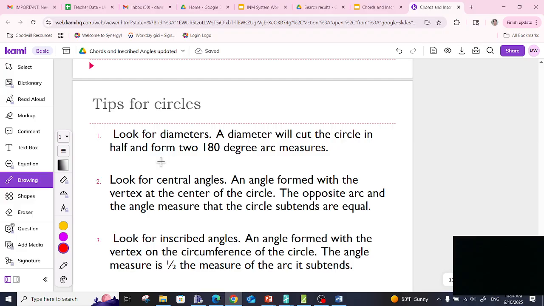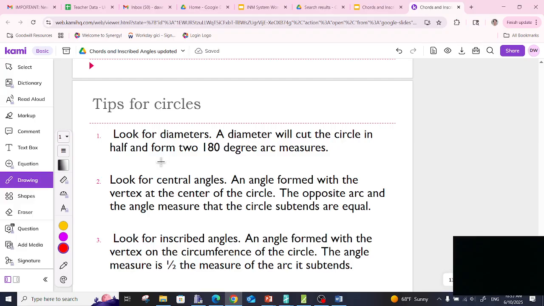So, number one, look for diameters, because what do diameters do? They cut a circle in half. And you can only assume diameter if it goes through the center of a circle. Not all endpoints of a segment that goes through a circle are diameters. It has to pass through the center.